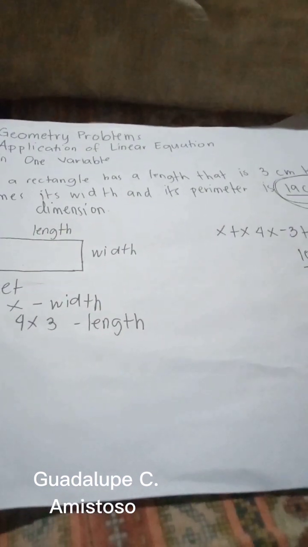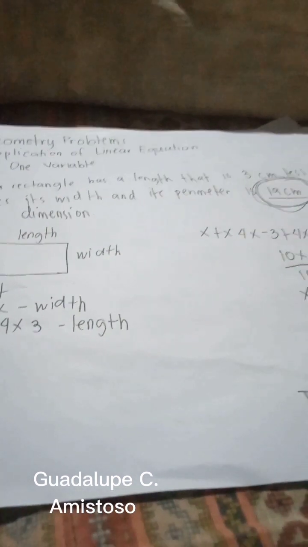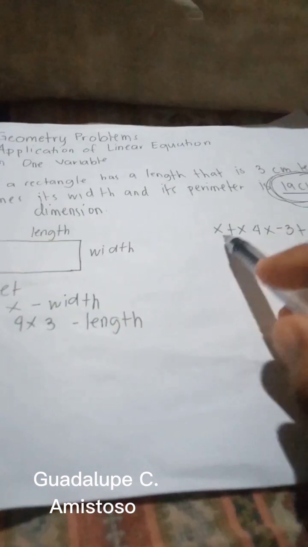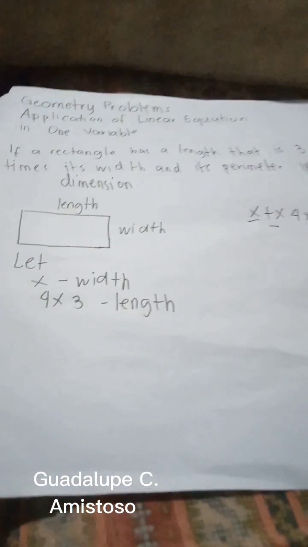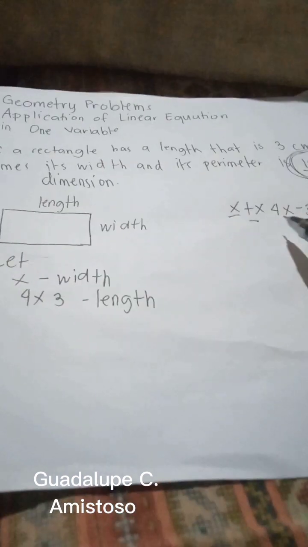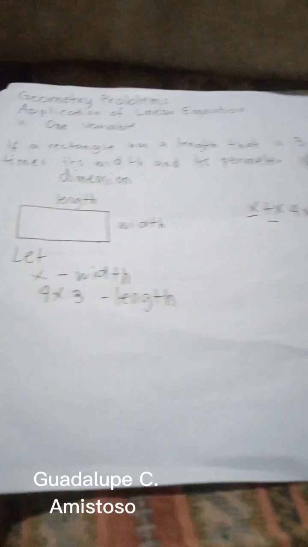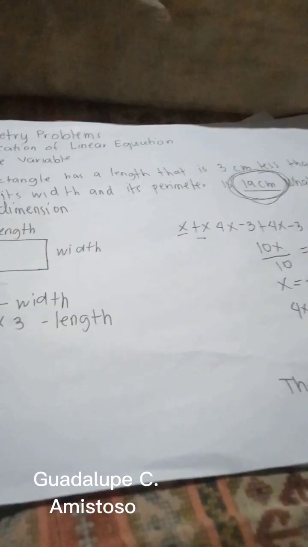Equating it to 19 centimeters, because the given is 19 centimeters: 2x length, that's 4x minus 3 plus 4x minus 3 equals 19, because this is the given in all units, centimeters.